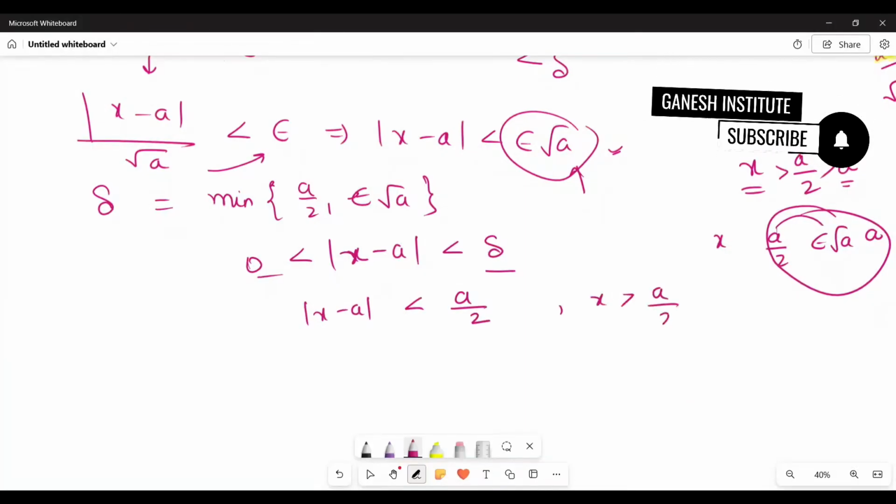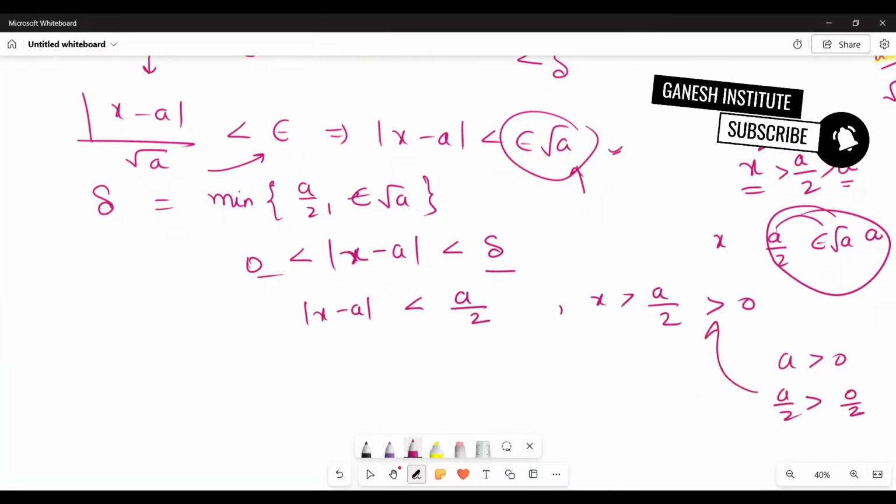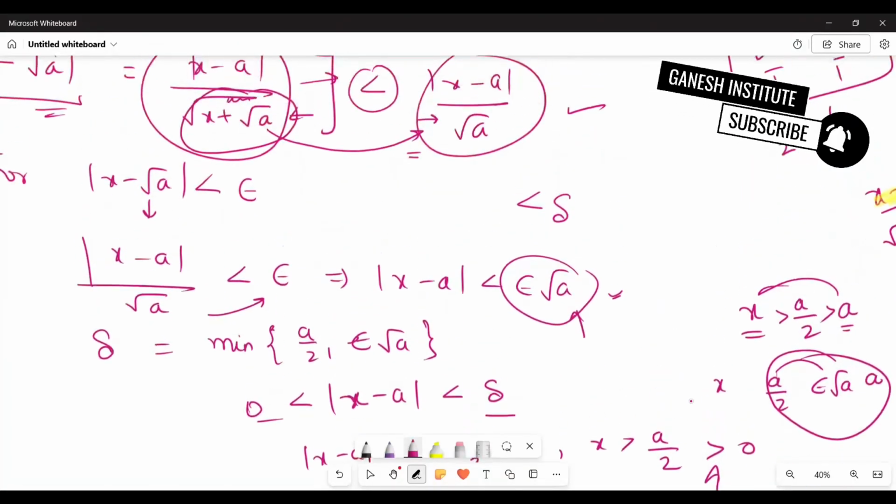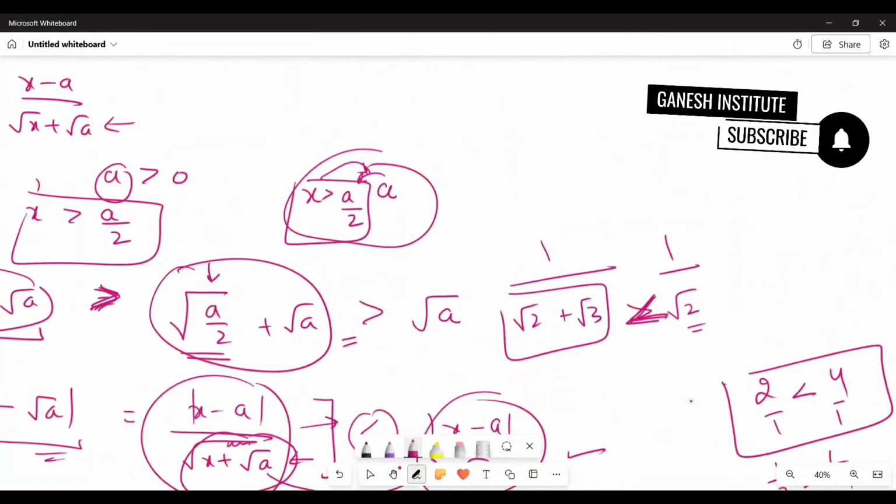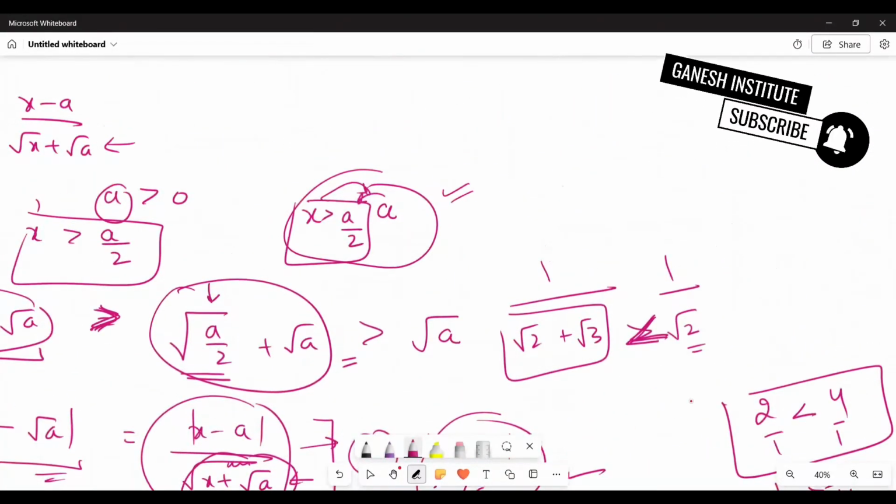That means x is greater than a by 2 is greater than 0. If a is greater than 0, a by 2 is also greater than 0 by 2, that is 0. Shouldn't it be x is less than a by 2? No, I considered this way here.